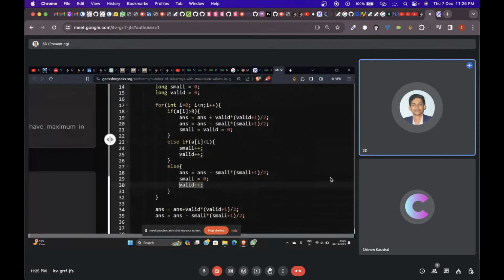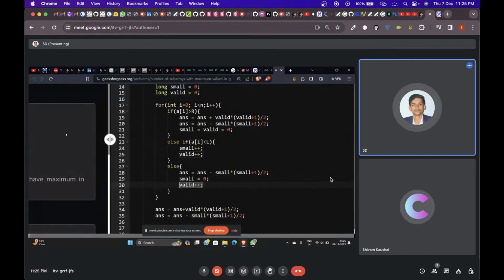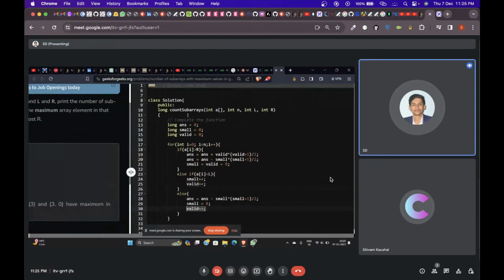So let's just move over to the code. As you can see, there are three variables that we have taken. First one will be answer, the second one will be small, and the third one will be valid. Valid simply means that the given number, let's say a of i, is smaller than or equal to r, and a of i is greater than or equal to l, such that it is in a valid window.